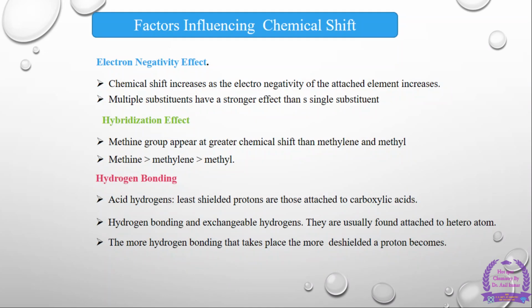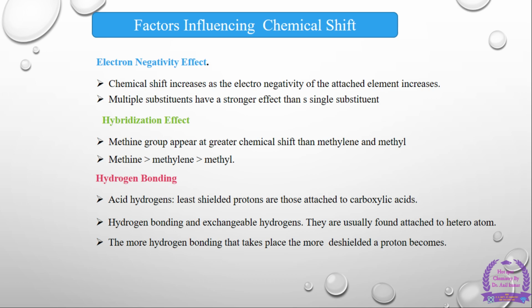Therefore, we have discussed the different factors. In the electronegativity effect, chemical shift increases as the electronegativity of the attached element increases. Multiple substituents have a stronger effect than a single substituent. In the hybridization effect, the methine group appears at a greater chemical shift than methylene and methyl, and methylene is greater than methyl.